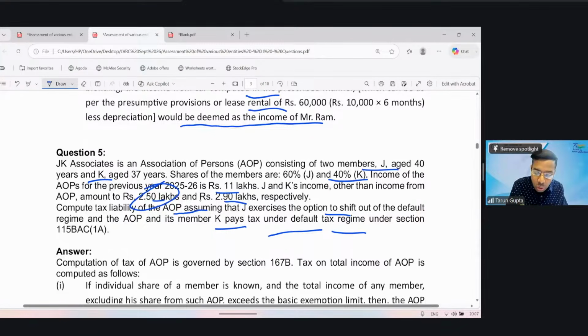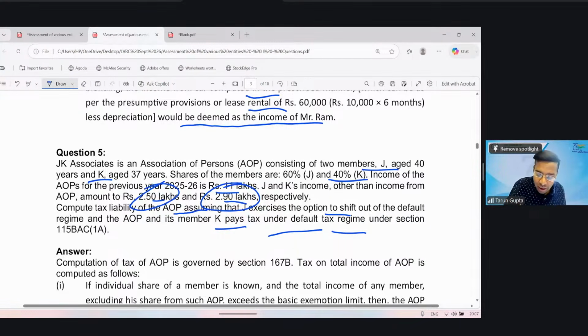So his income is also less than the basic exemption limit. So all the three conditions are satisfied. The AOP has no member which is taxable at more than MMR. The shares are determinate, and no member has other income more than the basic exemption limit. So the income of AOP shall be taxable at slab rate.